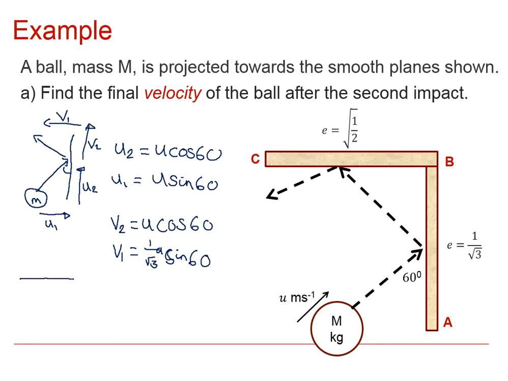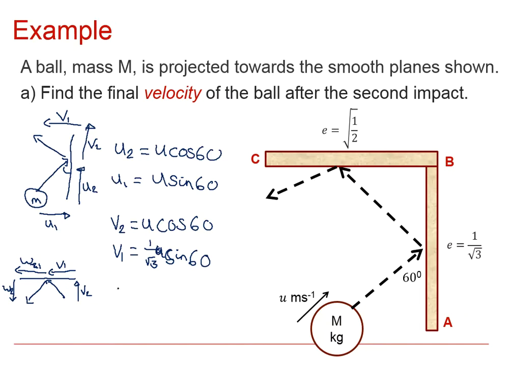Okay, so now we're going to look at this impact here. So we're now going to hit here and come away in this direction. So we've got V1 along here and V2 along here, and then we're going to have W1 and W2.